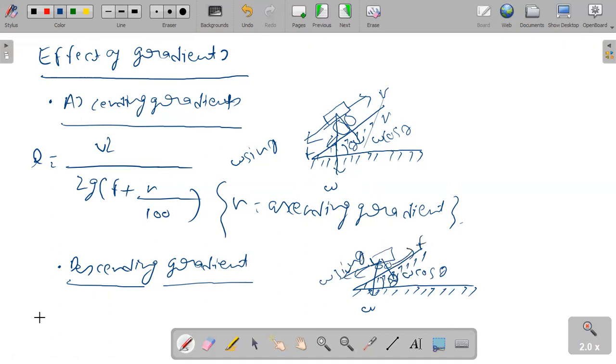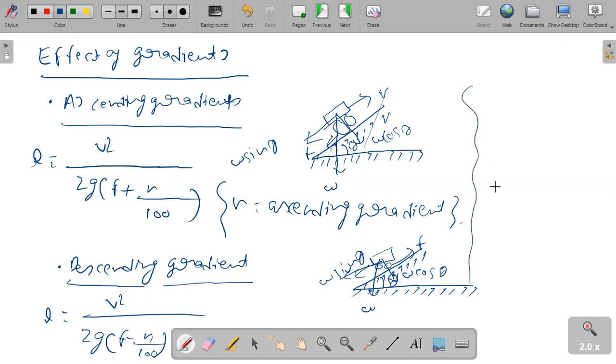Okay, and here we will get braking distance of v square upon 2g(f minus n by 100), where n is the descending gradient here. Ultimately you'll get the modified SSD due to the effect of gradients: SSD equals vt plus v square upon 2g(f plus minus n by 100), basically plus for an ascending gradient and minus for a descending gradient.